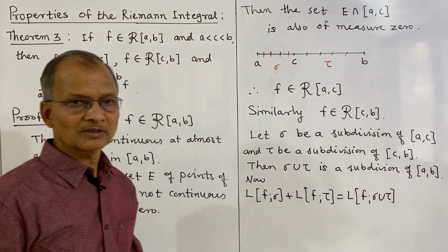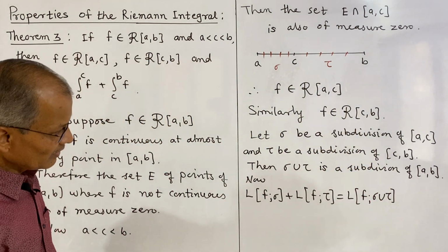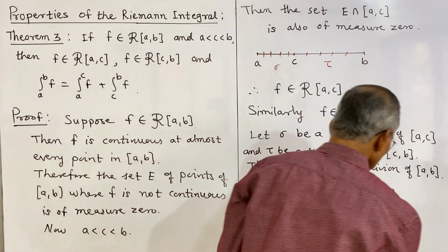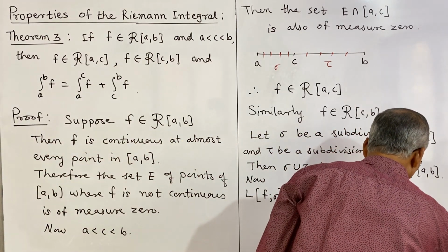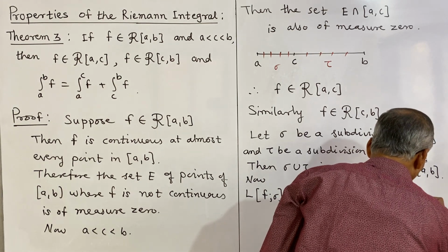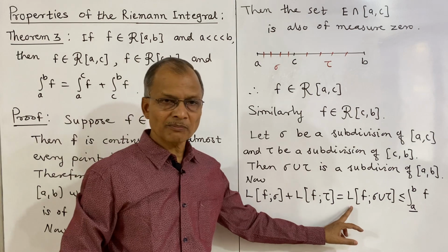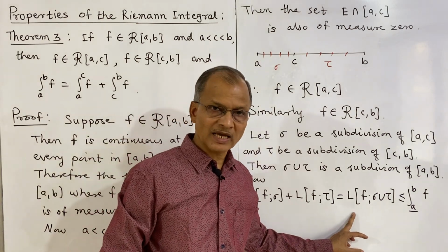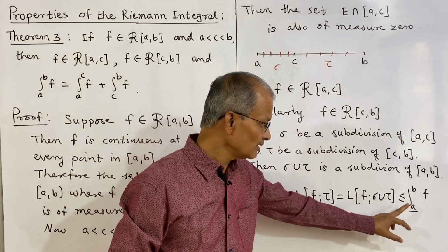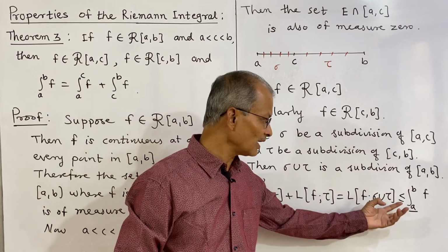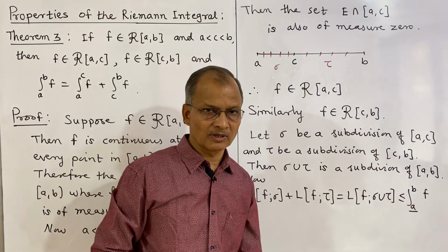Now we know the lower sum is less than or equal to the lower integral a to b of f, because the least upper bound of the lower sums is the lower integral, and therefore any lower sum will be less than or equal to the lower integral.